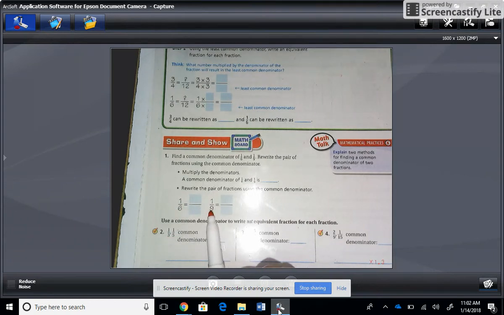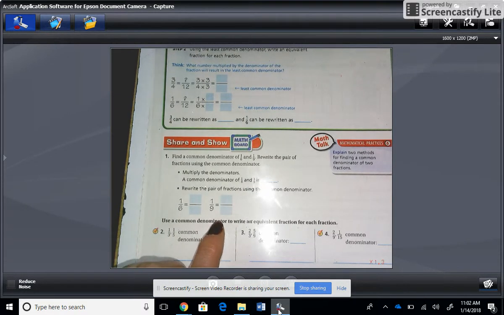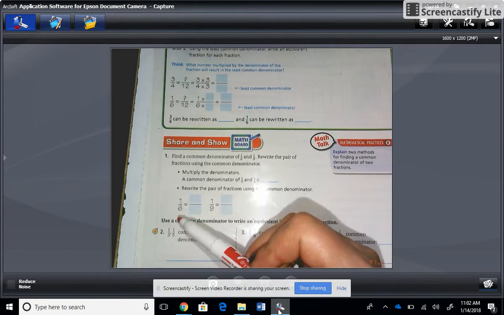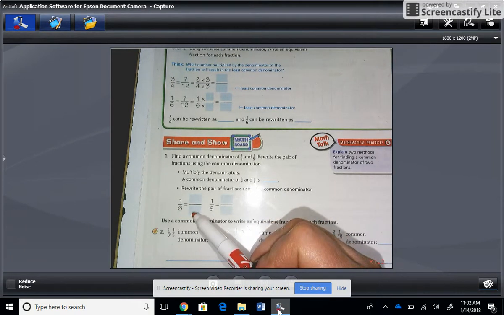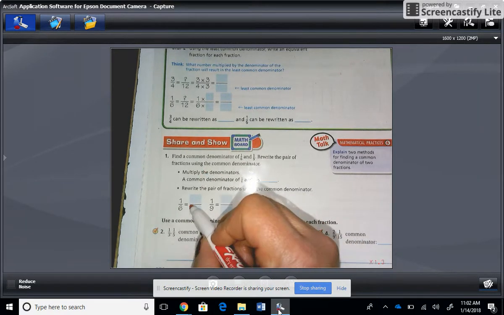Because if I look at 6 and 9 and I want to find a common denominator, I'm going to think about what do they have in common. Well, if I quickly go through the 6s, and as I'm going through the 6s, I'm thinking of the 9s. 6 times 1, 6, 12, 18. Oh, what did I figure out?